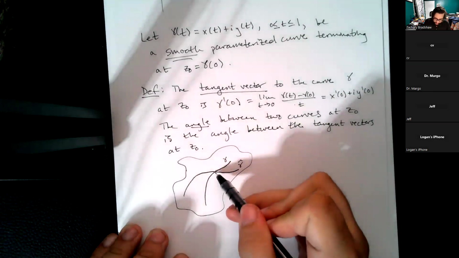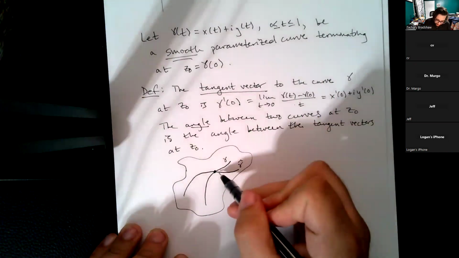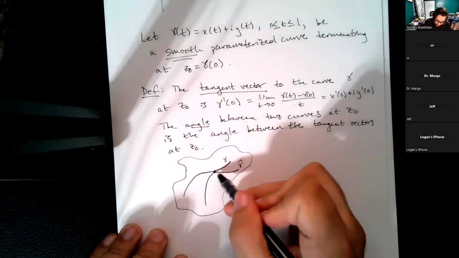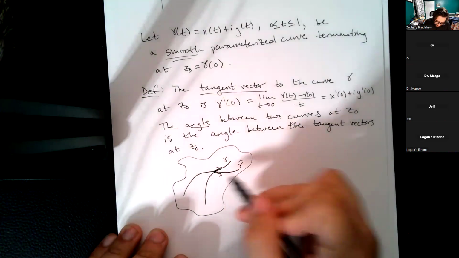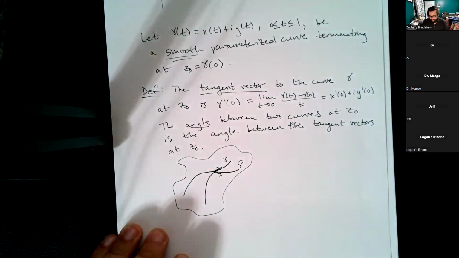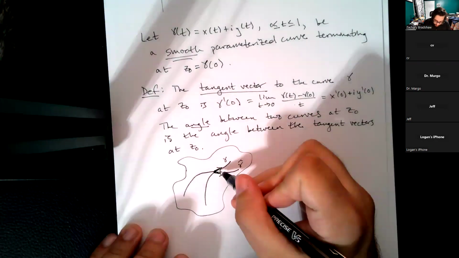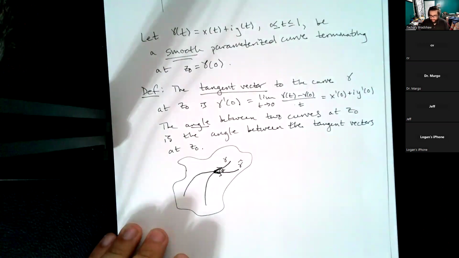At this point where they intersect, we have two tangent vectors, one to the curve gamma and one to the curve gamma hat. And between those two tangent vectors, there's a well-defined angle.